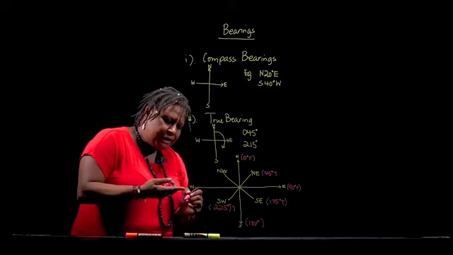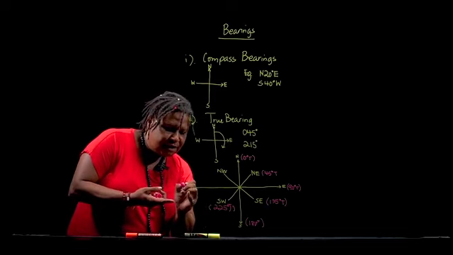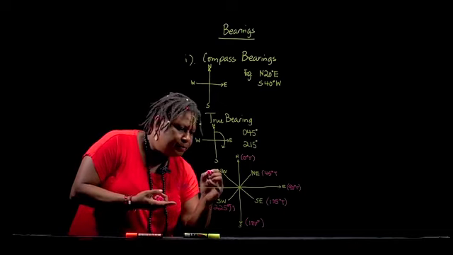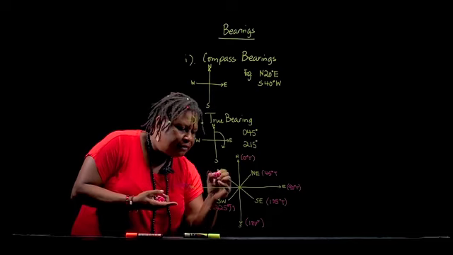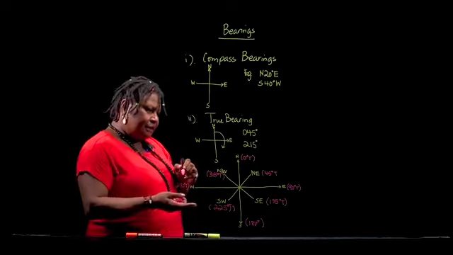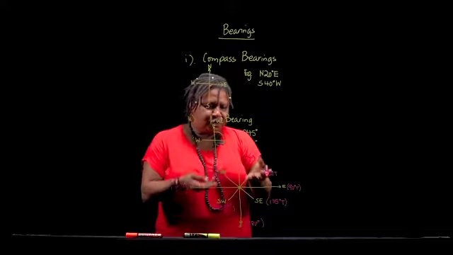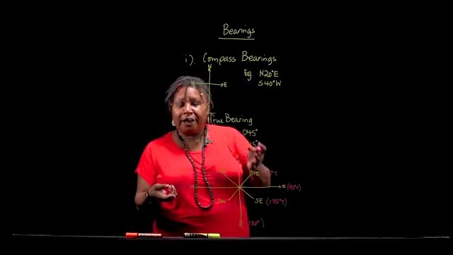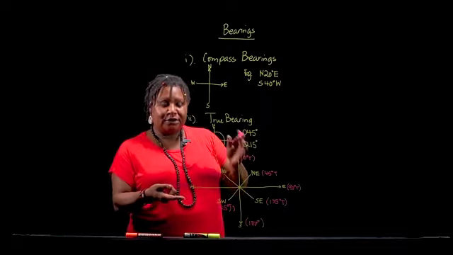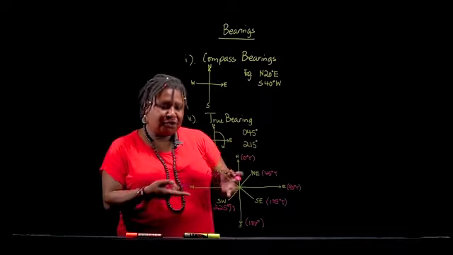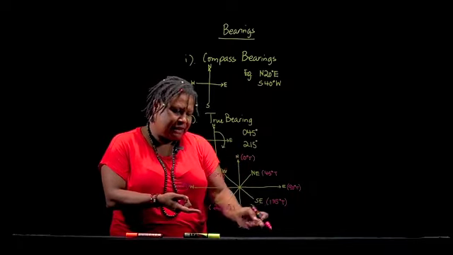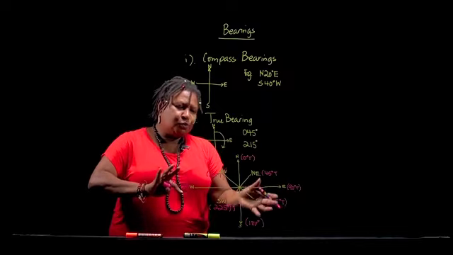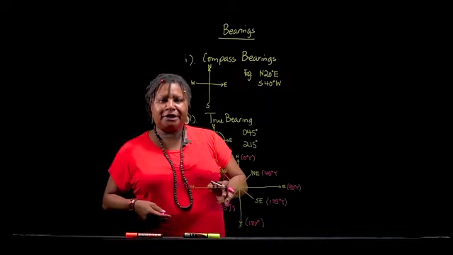West, 270 degrees T, and northwest would be 315 degrees T. Whenever you see a bearing written as three figures, you know that this is a true bearing, and its relationship to the compass is indicated here as angles.